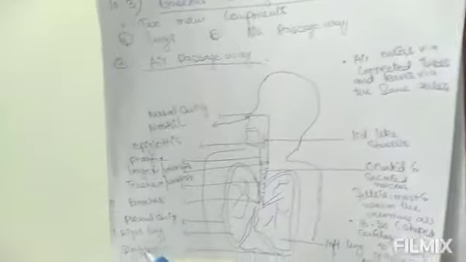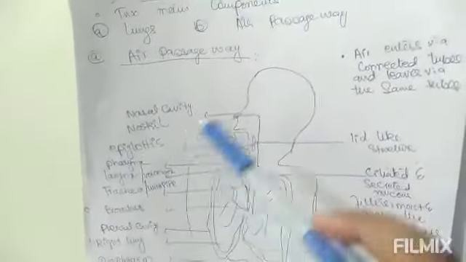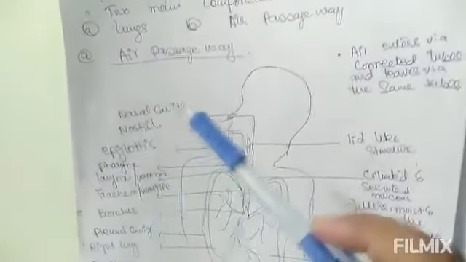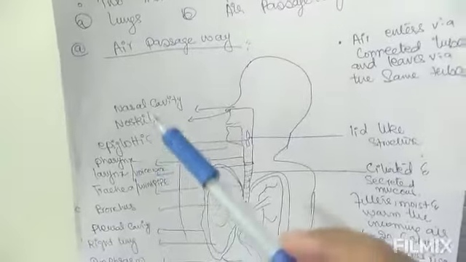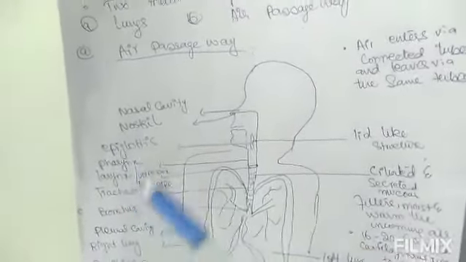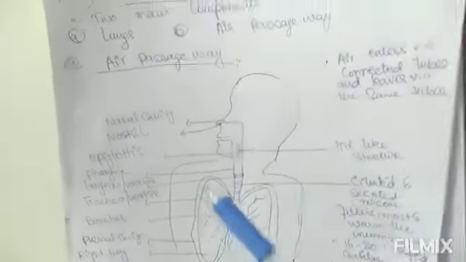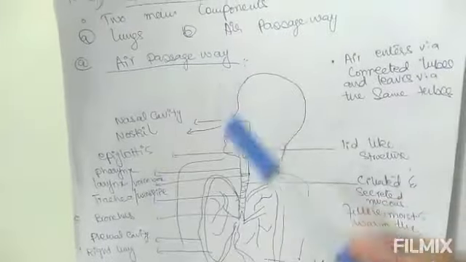This is a series of organic structures, or you can say different organs, organelles, or smaller structures present in the lungs, or the whole passageway that this air passageway is made up of.